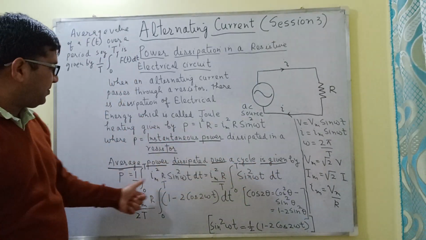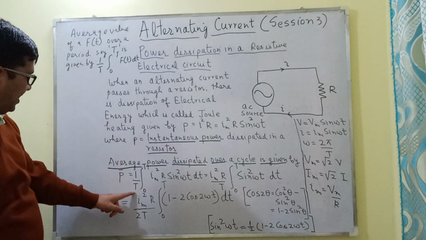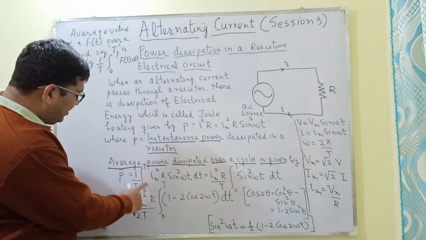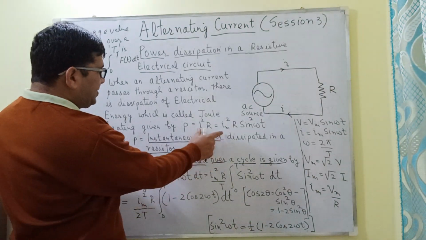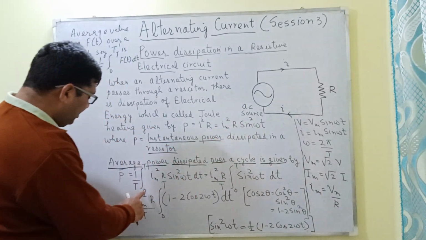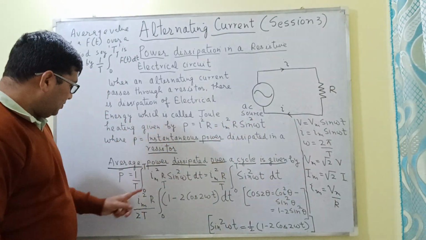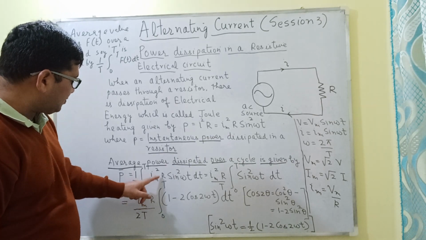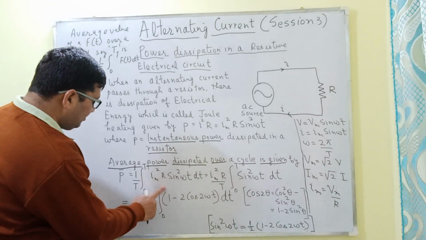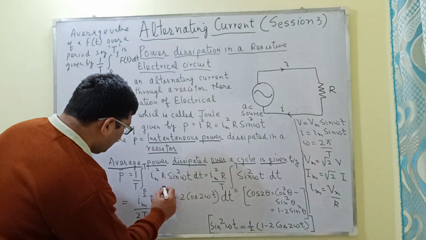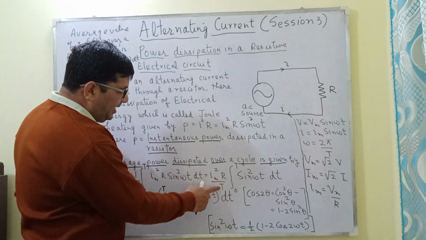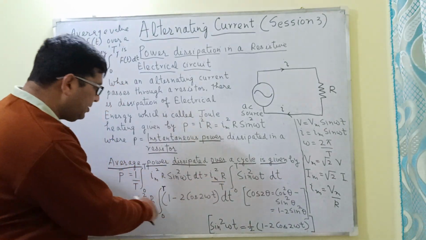So the average power dissipated over a cycle will be equal to 1 by T, where T is the time period, and we have to integrate this expression, that is Im square R sin square omega t, from 0 to T. So this is equal to Im square R sin square omega t dt, and since Im square R and T are constant, I have taken them out.